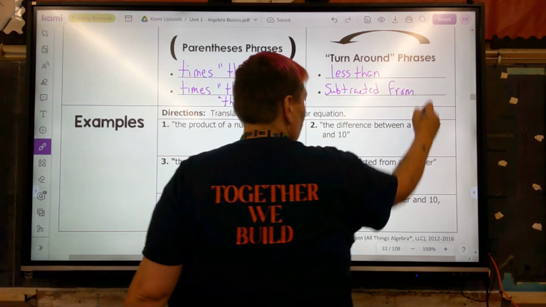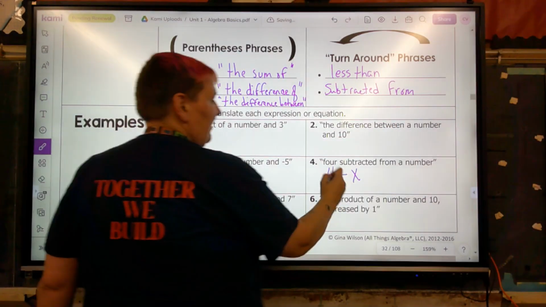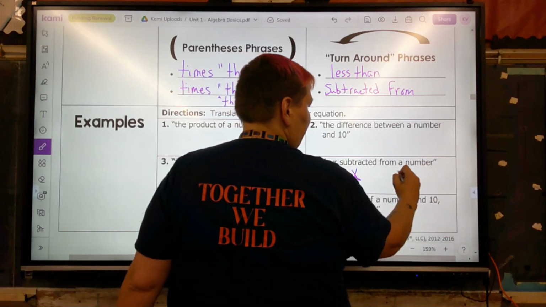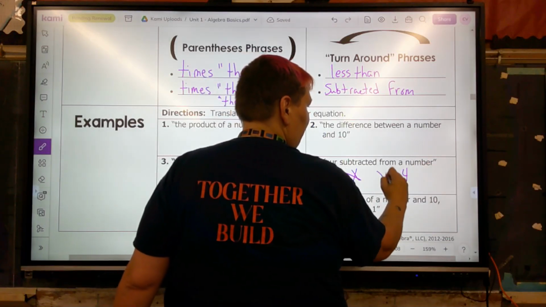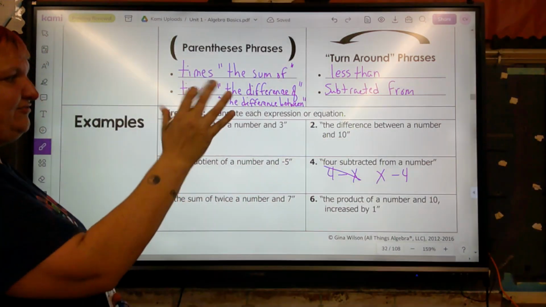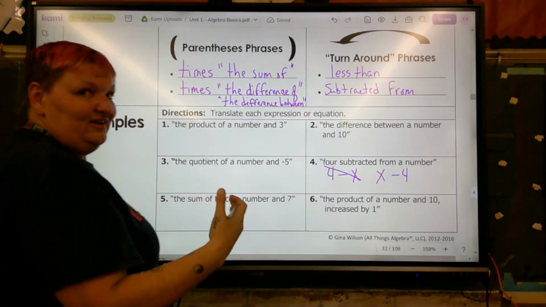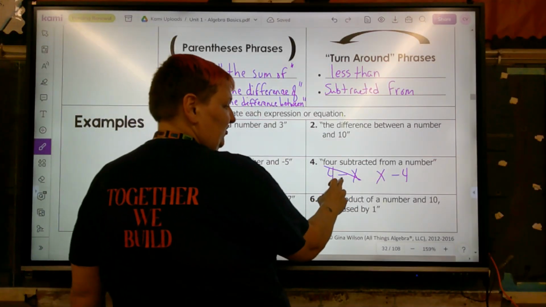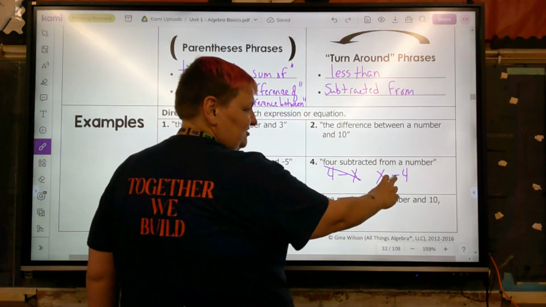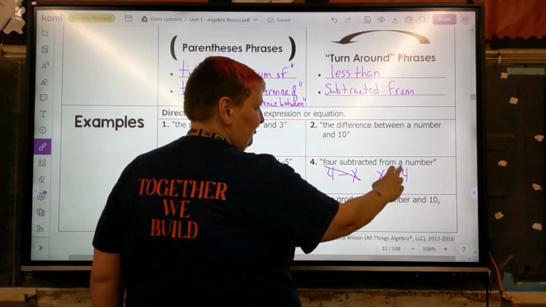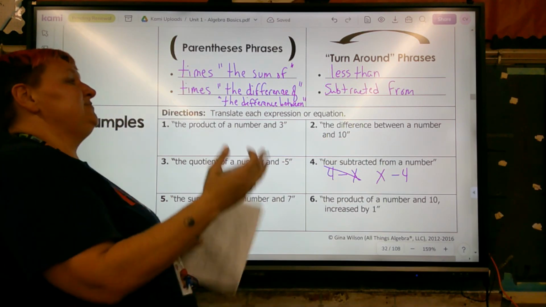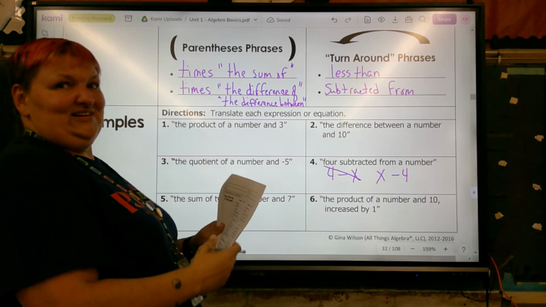So that means you need to do a -4 from a number: 4 subtracted from a number. You actually have to flip it around. And it's a big deal because in this one, the x is negative. That doesn't make sense. In this one, the 4 is negative because you're subtracting 4 from a number. That one actually makes sense. Sometimes you just have to stop and ask, does it even make sense?